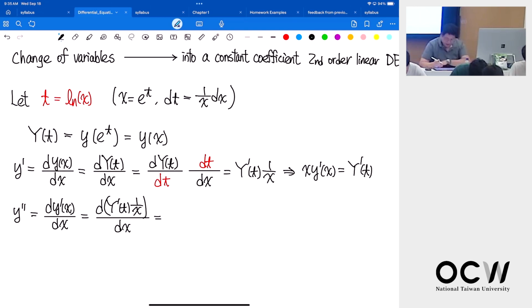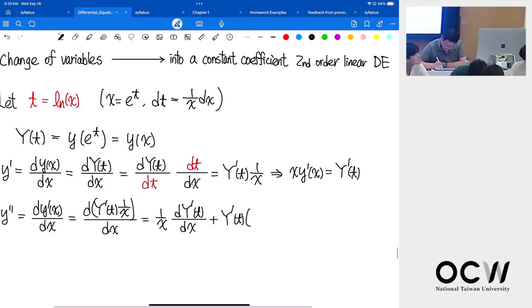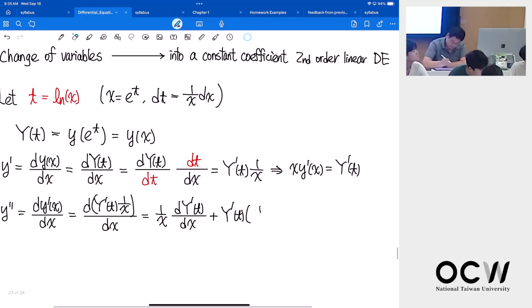Here we have a chain rule. First, we take the derivative of the first term and keep the second term. Then keep the first term and take the derivative of the second term, which will be minus 1 over x squared.